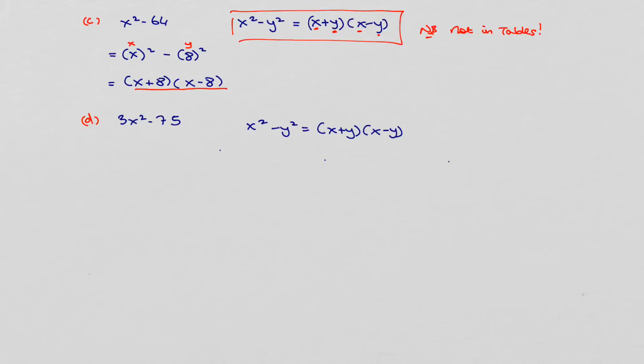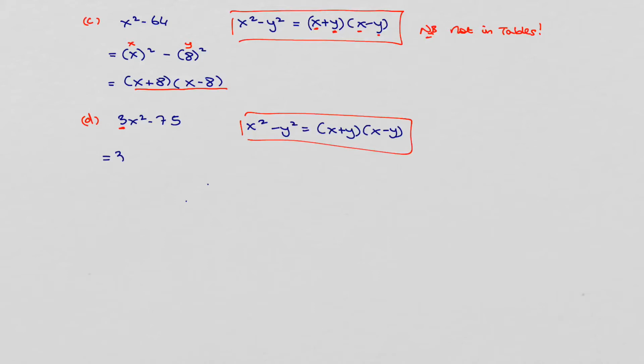However, this time, what you might notice is that I can't say something squared minus something squared because, of course, there's nothing that you can square that will give you this number here. 3 is an issue. So if you can't get something squared minus something squared, check, can you factorize first?